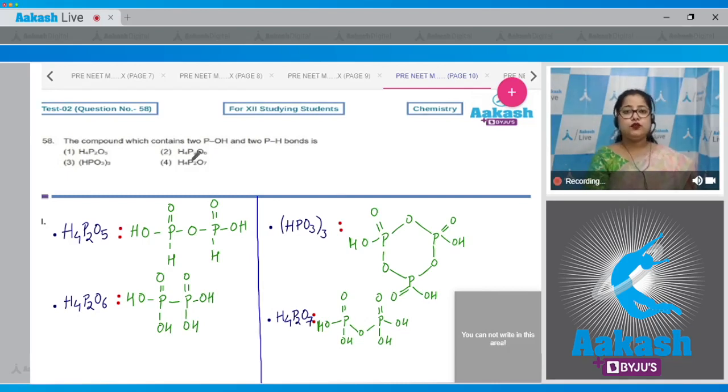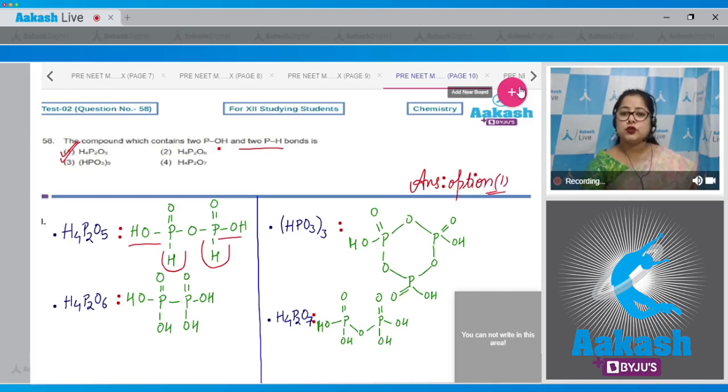So we have to find out the oxo acid which contains 2 P-OH and 2 P-H bonds. So clearly the correct answer is option number 1. It contains 2 P-OH bonds and 2 P-H bonds. That means the correct answer is option number 1, that is H4P2O5 contains 2 P-OH and 2 P-H bonds. Here I'm writing correct answer is option number 1.